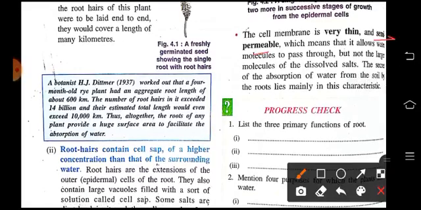That means it allows only certain substances to pass through, and large molecules of the dissolved substances are not able to pass through the semi-permeable membrane. So the absorption of water from the soil to the root lies mainly through this cell membrane.